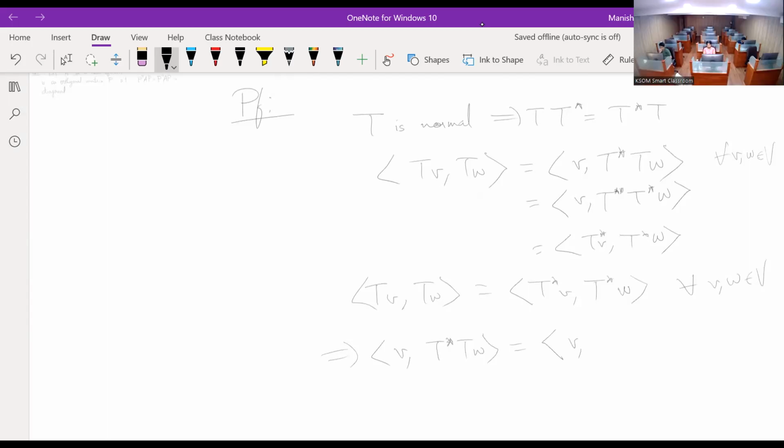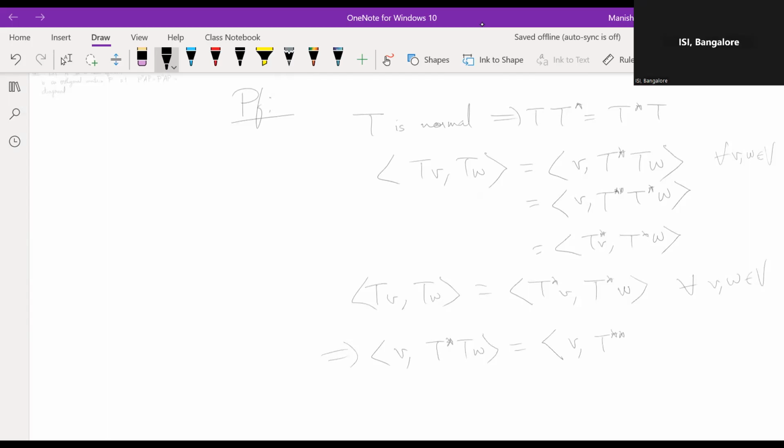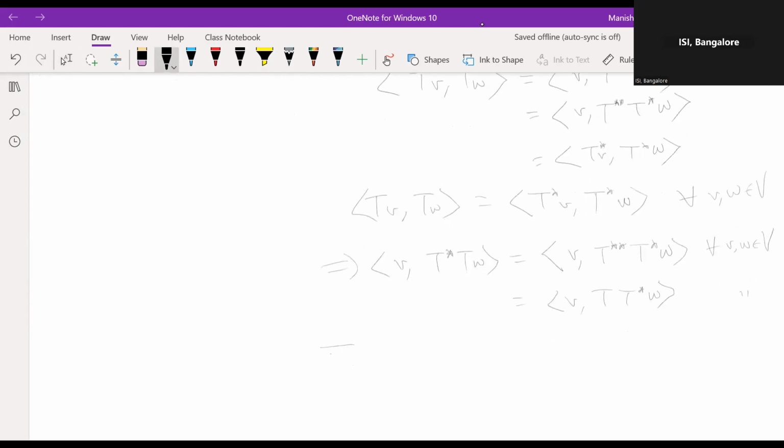So this is V, T double star T star W for all V, W in V, which is equal to V, T star W for all V, W in V. And then from here, like we deduced in the previous cases, this implies that T star T is the same as T T star, because you just take the difference.